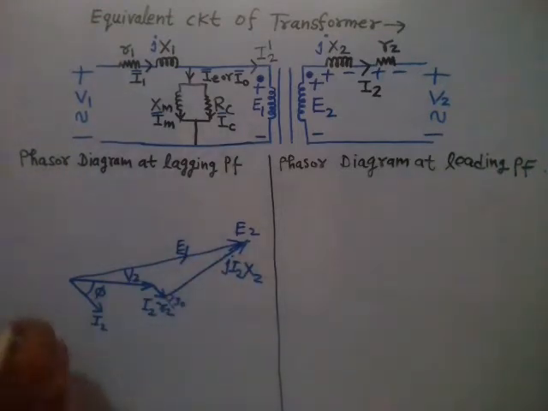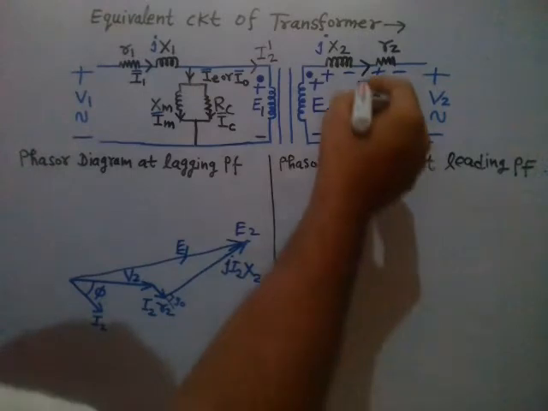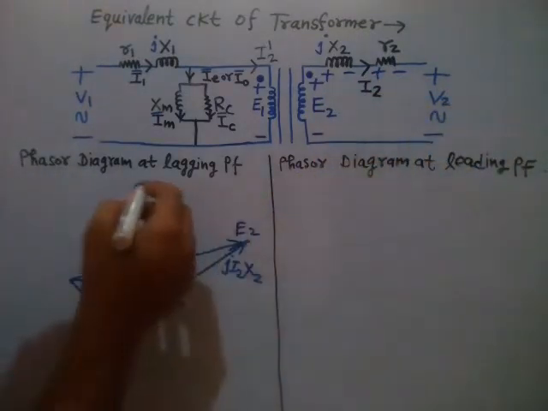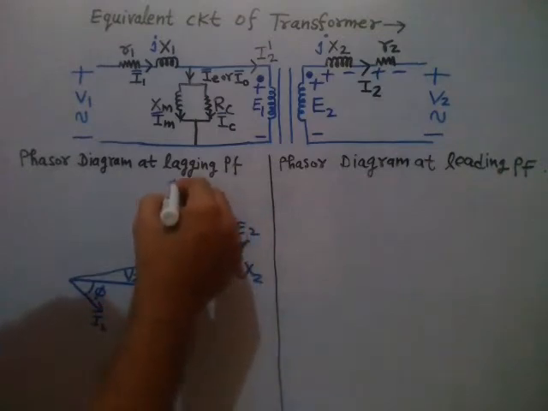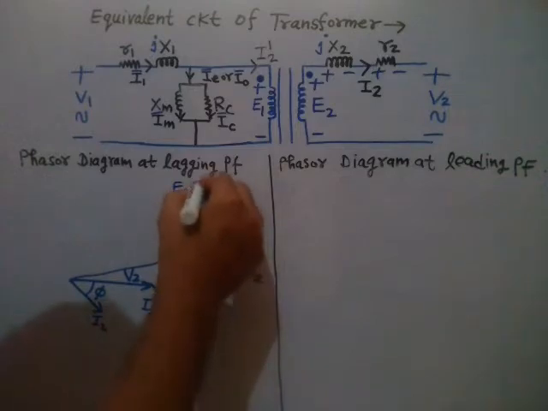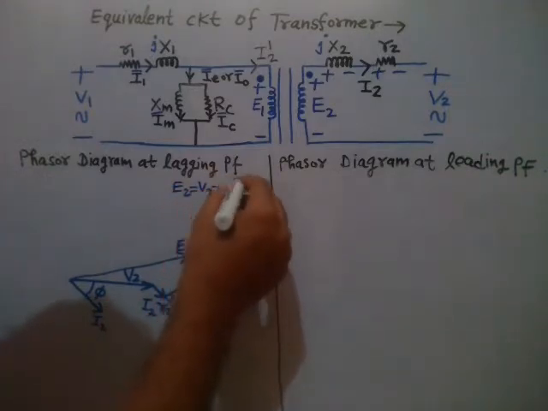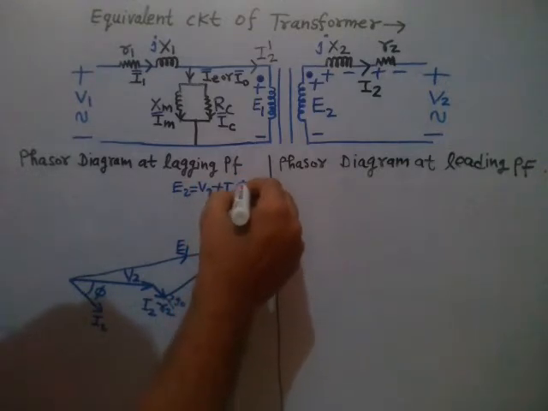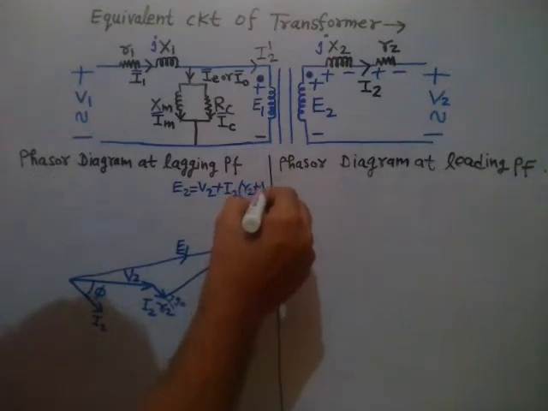Now here, if you want to write the equation, then you can simply write E2 is equal to V2 plus I2 times R2 plus j times X2, right?